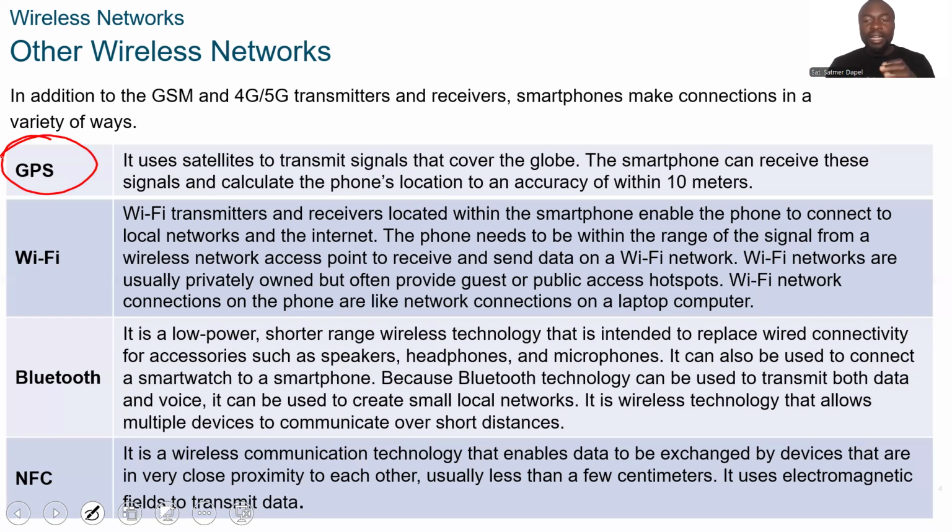The smartphone can receive these signals and calculate the phone's location to an accuracy within 10 meters. When you say GPS, global positioning system, basically it's a system that connects your phone to a satellite in the orbit, and then it actually points where you are.